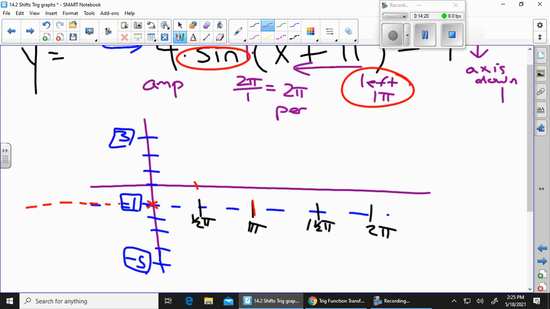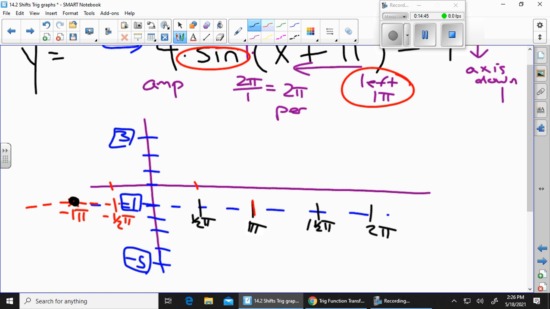Well, if that's 1/2 pi, that means this is -1/2 pi, and this would be -1 pi. So instead of starting here, I'm going to start left 1 pi. Never skip a slash mark.